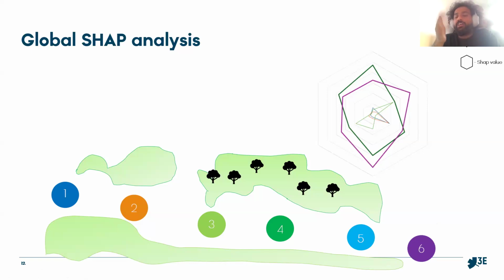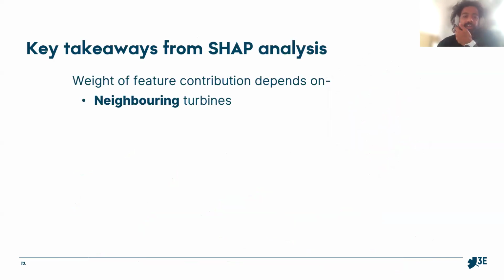For us, it made sense that the model, in all the environments or all the profiles, was learning how the physics works. It was trying to model the wake effects as well. So the model is quite robust for any given type of wind farm.